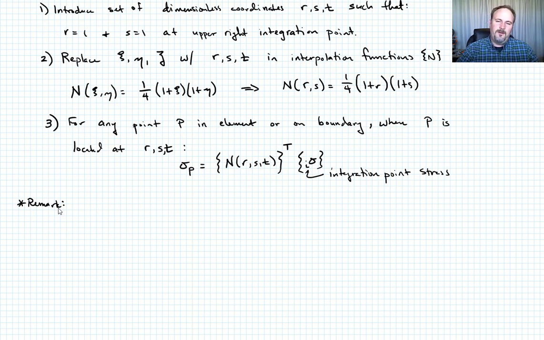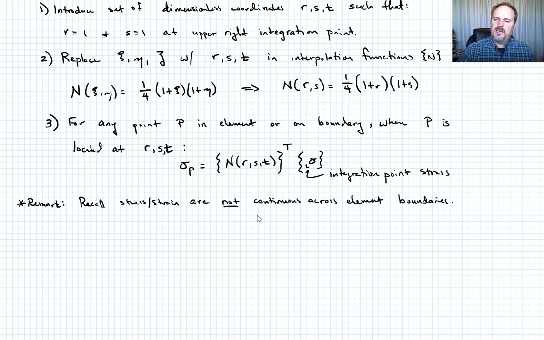So you could extrapolate a stress from one element to the node, and that node could be shared by multiple elements, and you could extrapolate the stress at that node from other elements, and they won't necessarily match up, okay? So let me write that down just as a reminder. So recall that the stress and strain are not continuous across element boundaries.